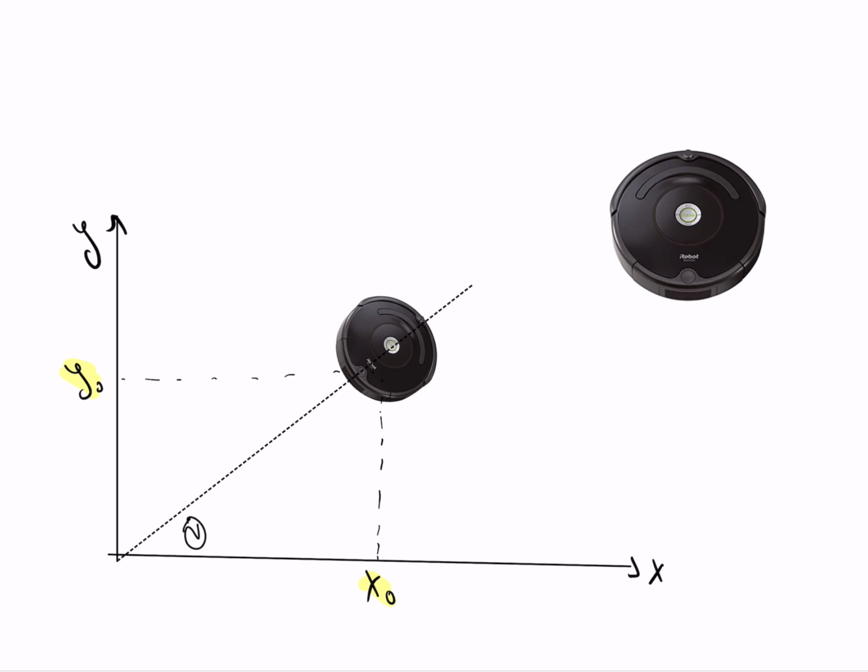Meaning that at a certain point, the robot knows its position at x and y, but not any less important, it also knows its orientation, or angle theta. Why does it matter? Because if the orientation is theta 0, for example, and you move forward, you move to here. But if your orientation is theta 1, for example, and you move forward, you move over here.